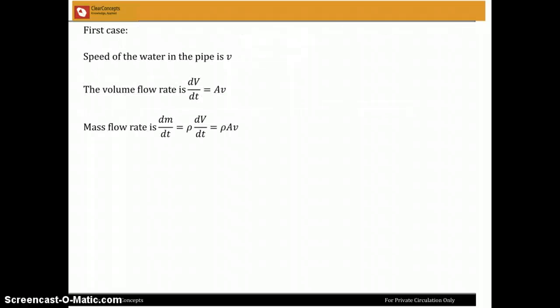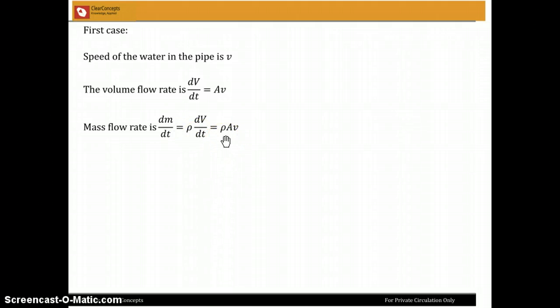So let's consider the first case. We assume that the speed of the water in the pipe is some v, and so that gives us directly that the volume flow rate, dV/dt, is A times v, and this gives us a mass flow rate also. So dm/dt is rho times the volume flow rate, so that comes out to be rho A v.